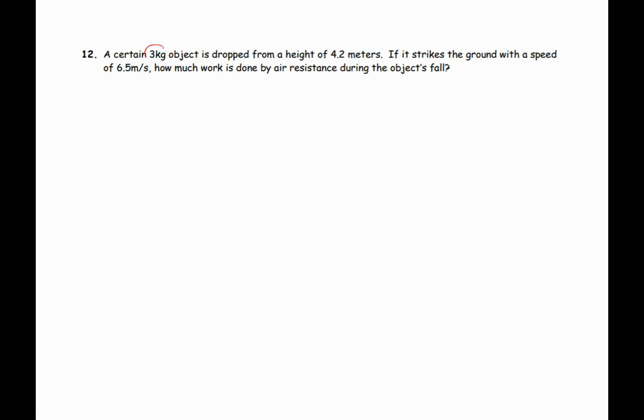We have a 3 kilogram object, okay? And it's dropped from a height of 4.2 meters. And it's going to go all the way down. Okay. And once it hits the ground, 4.2 meters later, you have a velocity of 6.5 meters per second. So that's going to be your V final.